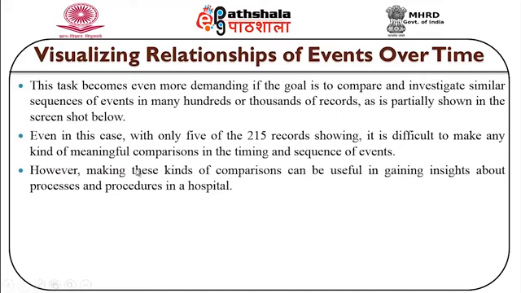Even in this case, with only 5 of the 215 records that are shown, it is difficult to make any kind of meaningful comparison in the time and sequence of events. However, making these kinds of comparisons can be useful in gaining insights about processes and procedures that happen in the hospital. So this is one data set.